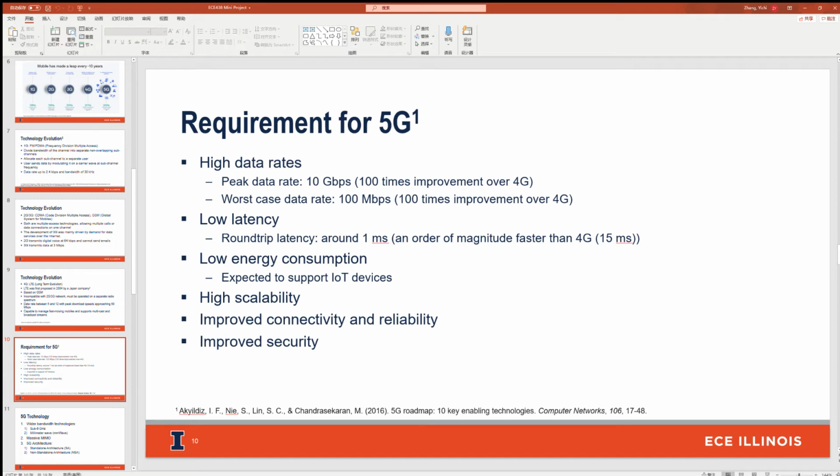This foreseeable trend demands the base stations to be energy efficient, since even a small improvement in energy efficiency will translate to huge energy savings on a large scale. And there are other requirements for 5G, including high scalability, improved connectivity, reliability, and improved security.